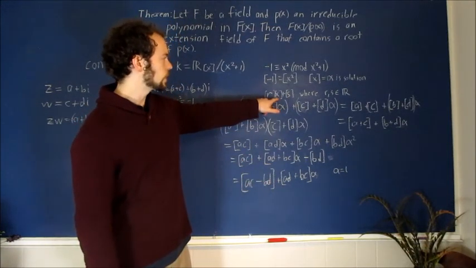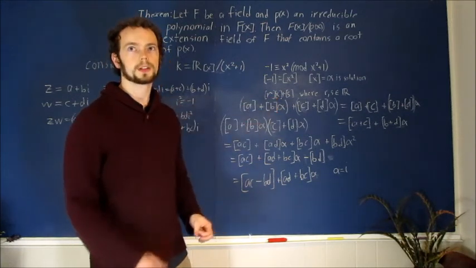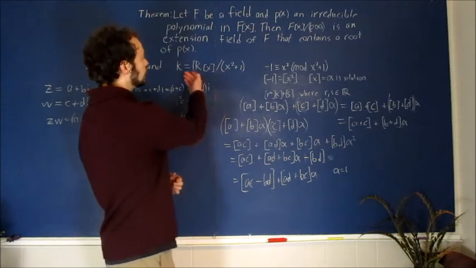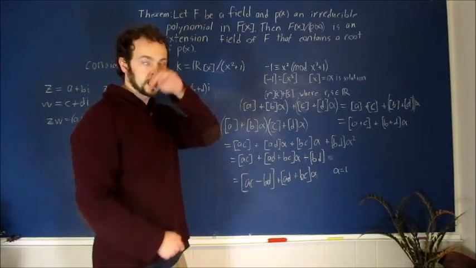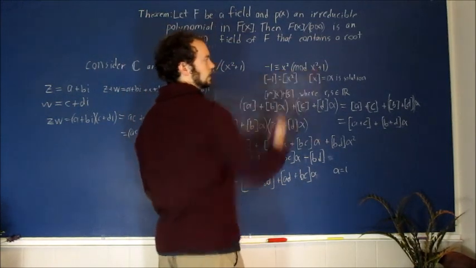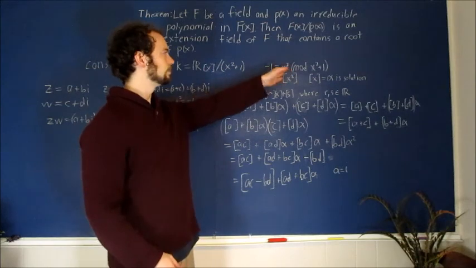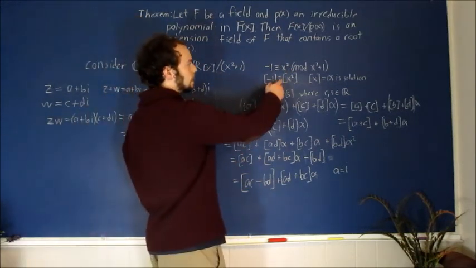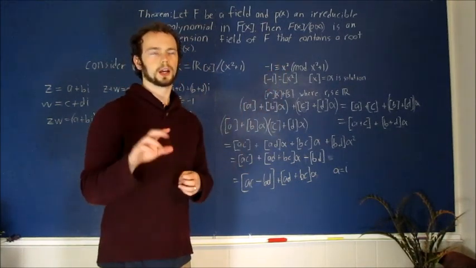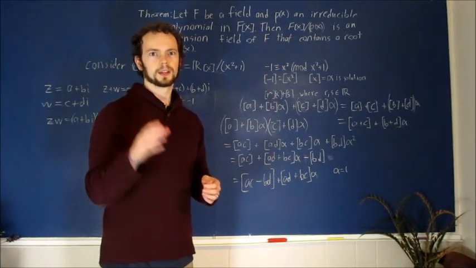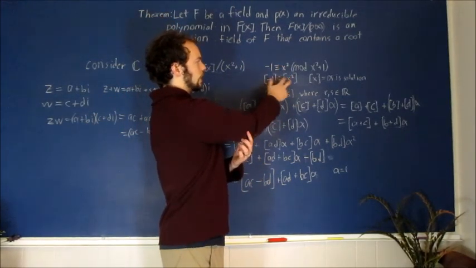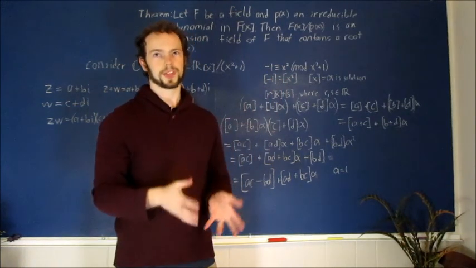Now, the congruence class of x, as it turns out, is the solution to x squared plus 1 in this extension field. The reason why is that -1 is congruent to x squared mod x squared plus 1. That can be readily verified. Because they're congruent, there's another result in abstract algebra which says that their congruence classes must be the same.